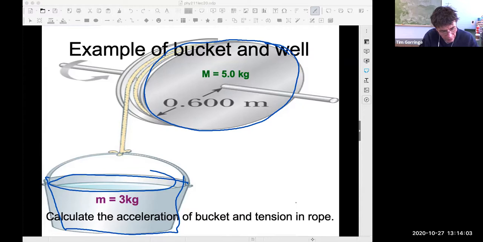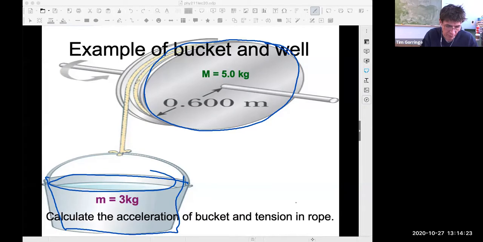And the bucket and the pulley are attached by a rope. And for concreteness, we're told the mass of the pulley, we're told the radius of the pulley. The pulley's a cylinder, and we're told the mass of the bucket.